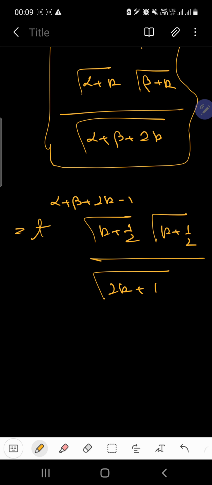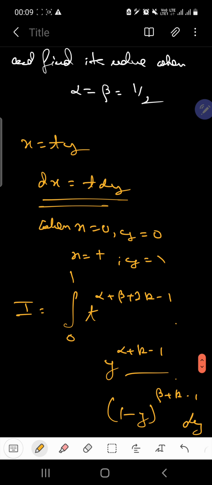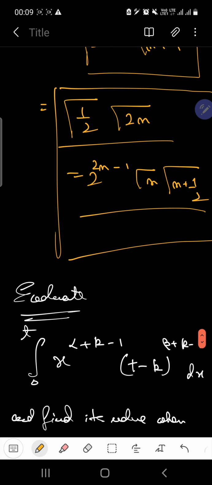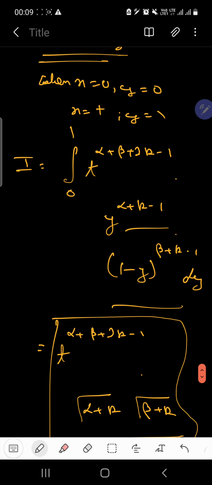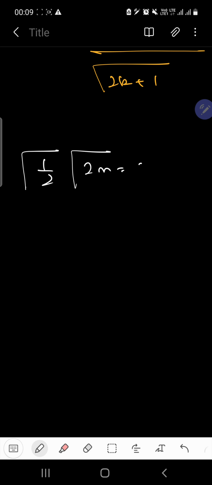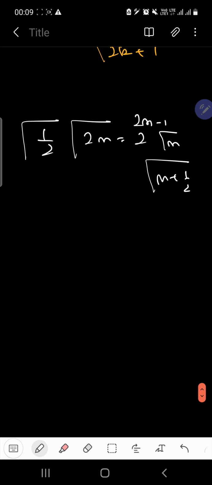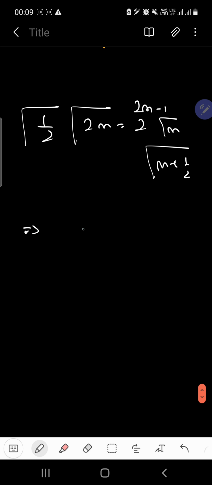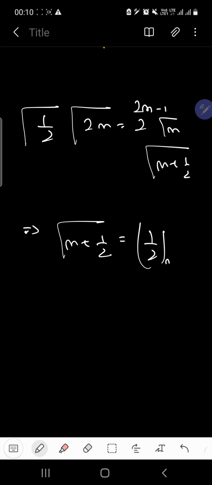Clear? Now if you see the previous result which we were talking about, from here you get one important thing. See, gamma of half times gamma of 2n can be written as 2 to the power 2n minus 1 gamma n times gamma n plus half. From here what can you write? So from here you can write that gamma of n plus half equals 1 over 2 whole to the subscript n times gamma half.